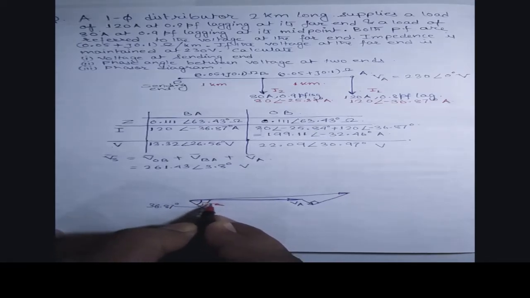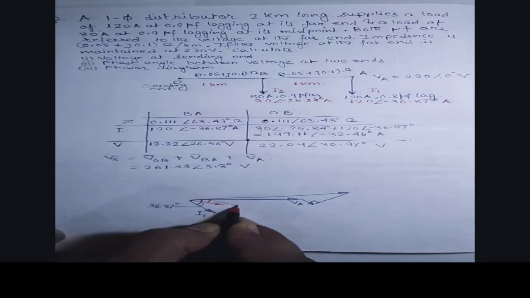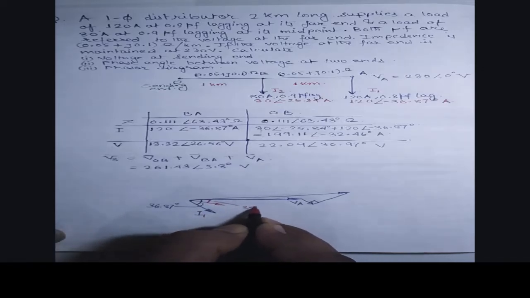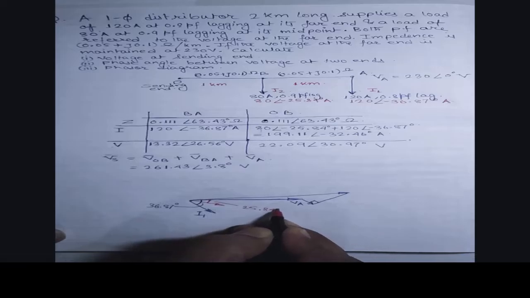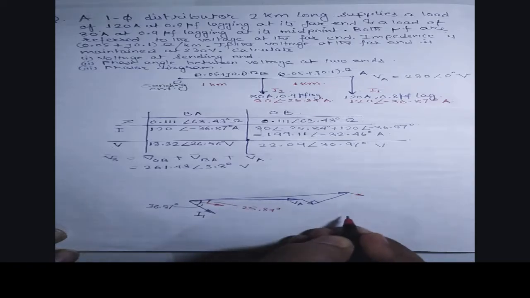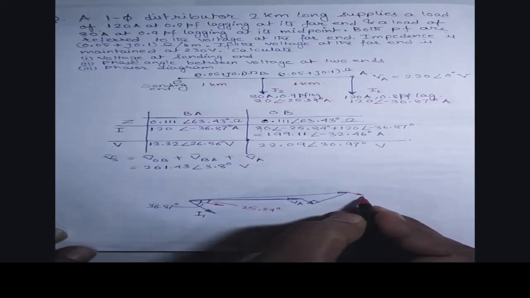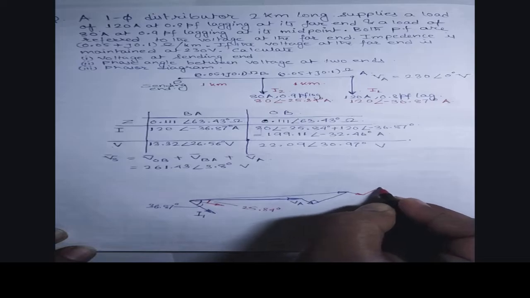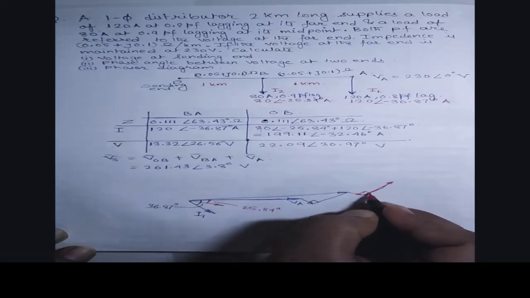This angle will be 25.84 degree. So this is 25.84. So this will be I2 R and this will be j I2 X.